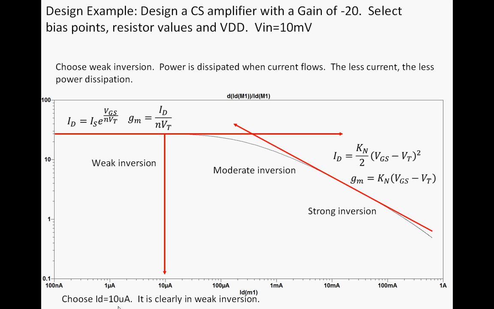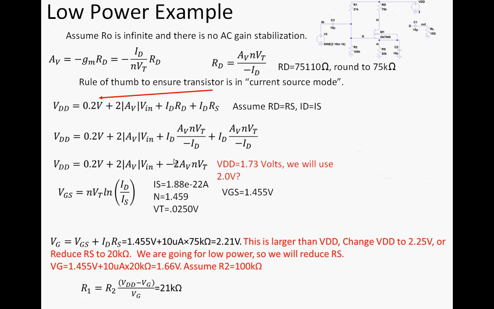All right, and I could have chosen other things, but this is clearly in weak inversion. Well, I can assume the output resistance is infinite, and there's no AC gain stabilization, so the gain is equal to this. And then I can solve for RD, and I can round that to 75 kilo ohms.